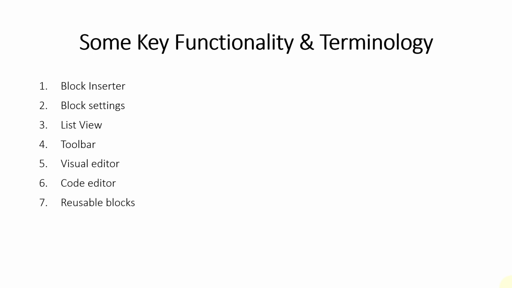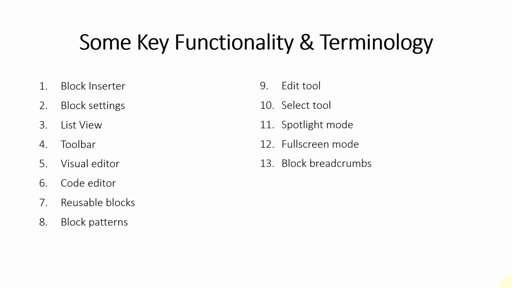Reusable blocks, pretty self-explanatory, but I'll talk through those as well. Block patterns, the edit tool, select tool, spotlight mode, full screen mode, block breadcrumbs, pre-published checklist, and so on. That doesn't cover everything, but it's fine as a very quick introduction. So let's actually get practical and start working in Gutenberg.